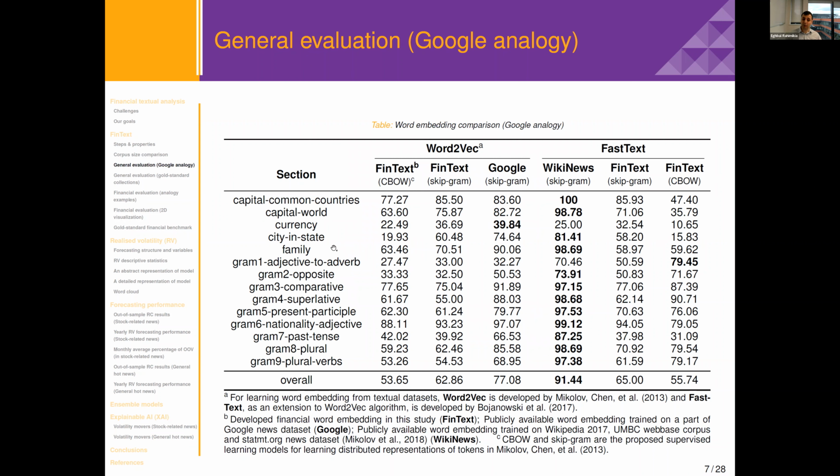The model should be able to answer this question. For each row, we have a bunch of questions, like 500, 300, and you see the average accuracy here and the overall average. As you can see, Wikinews is clearly winning here with 91% average accuracy. And after that, we have Google. Fintechs is fair, around 53, 62, is not very bad, but it's not reaching there.